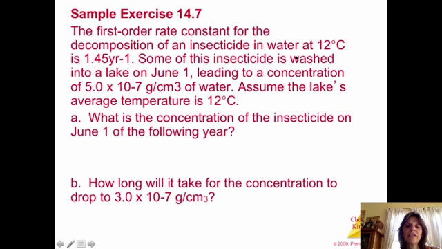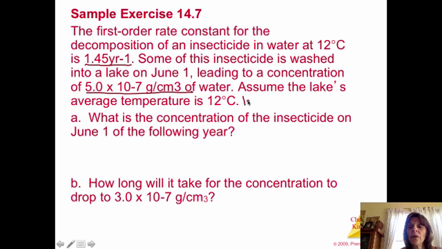The water's 12 degrees Celsius, and the rate constant is 1.545 reciprocal years. This is the initial concentration when the insecticide directly goes into the water. And you assume that the lake's temperature stays the same because that's required for the constant to stay the same.